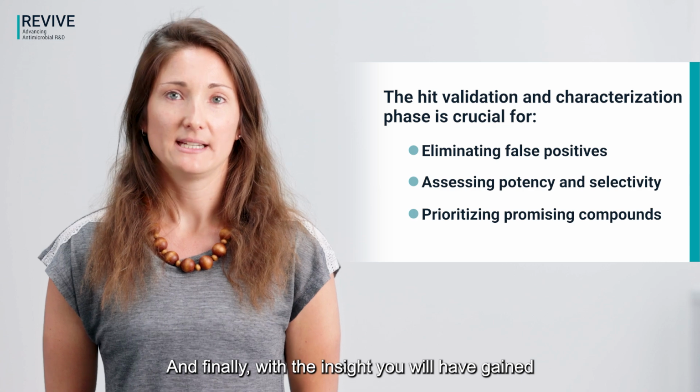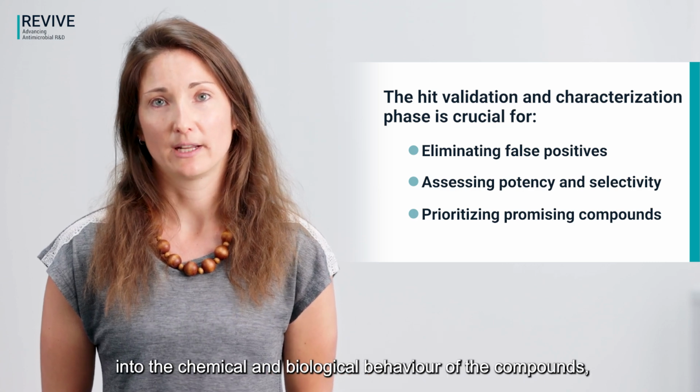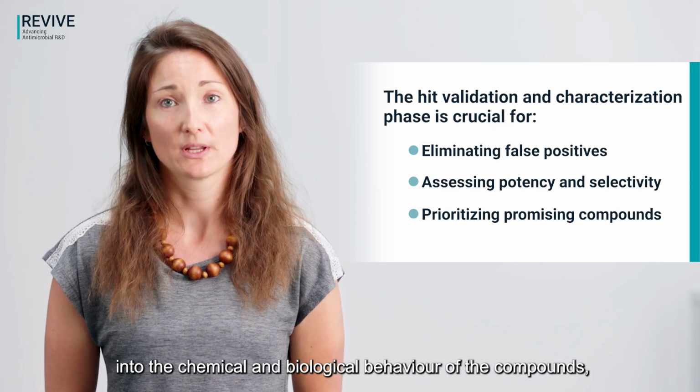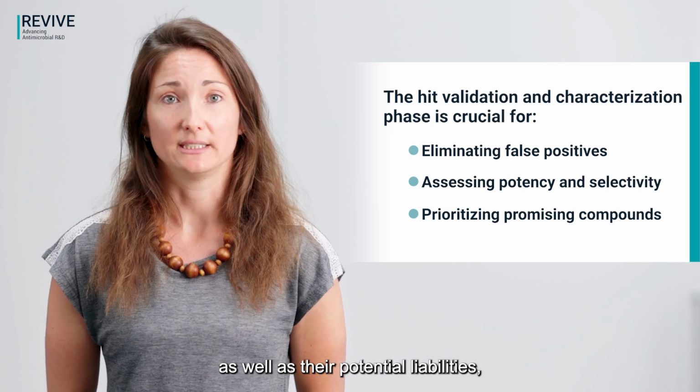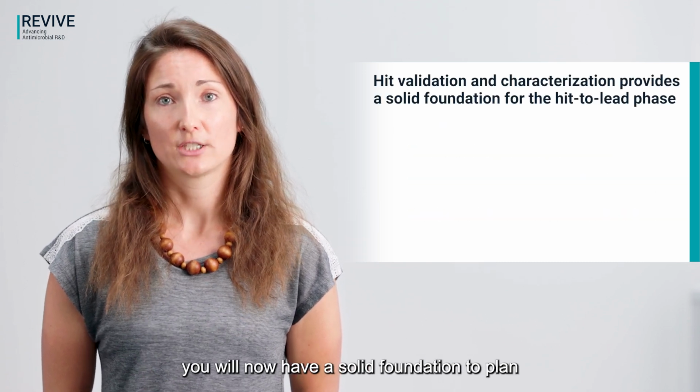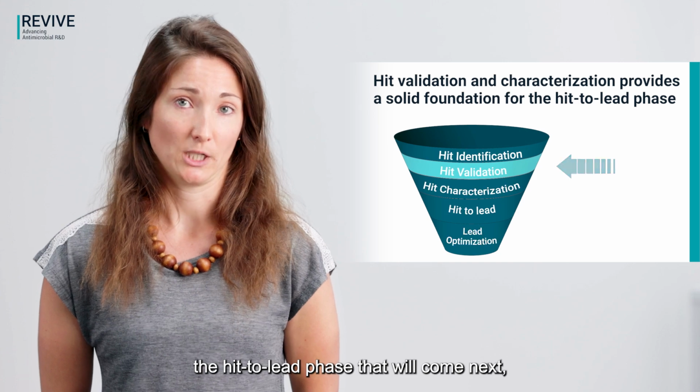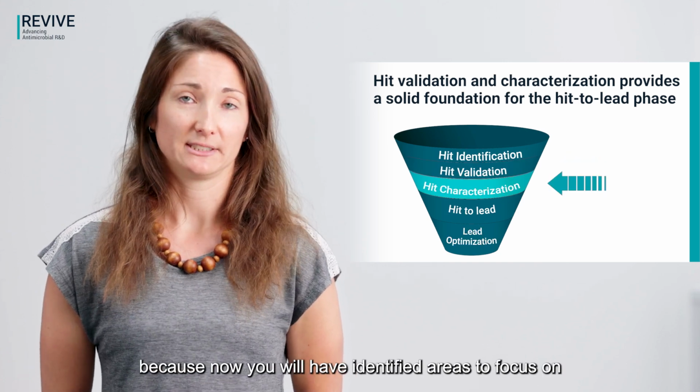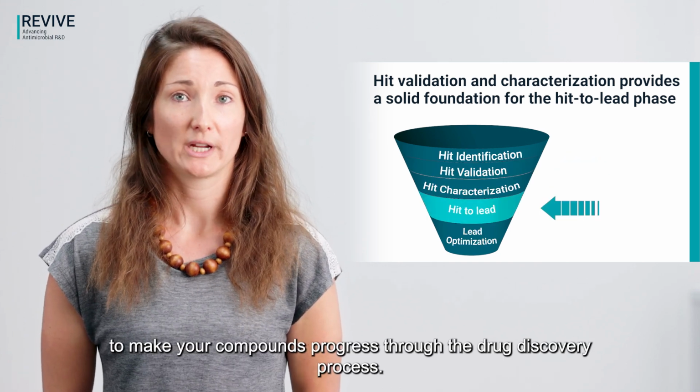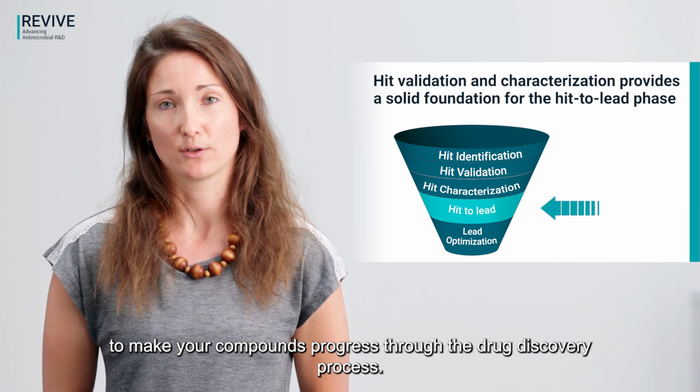And finally, with the insight you will have gained into the chemical and biological behavior of the compounds, as well as their potential liabilities, you will now have a solid foundation to plan the hit-to-lead phase that will come next. Because now you will have identified areas to focus on to make your compounds progress through the drug discovery process.